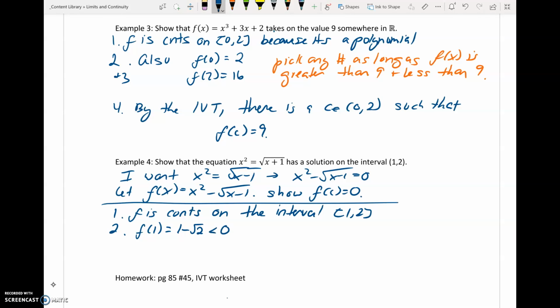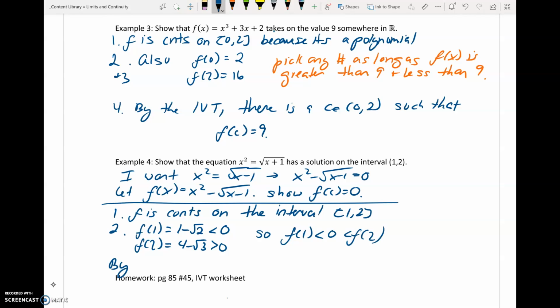This would be a negative number because root 2 is larger than 1. For f of 2, this is going to be a positive number. It's larger than 0. So 0 clearly sits in between f of 1 and f of 2. So state that: f of 1 is smaller than 0, which is smaller than f of 2.